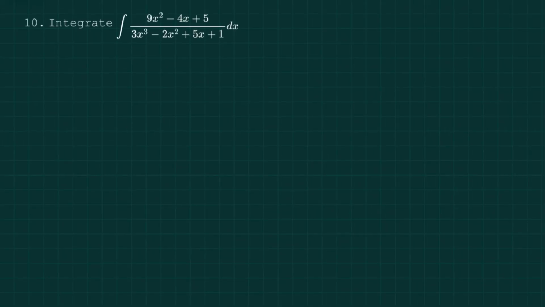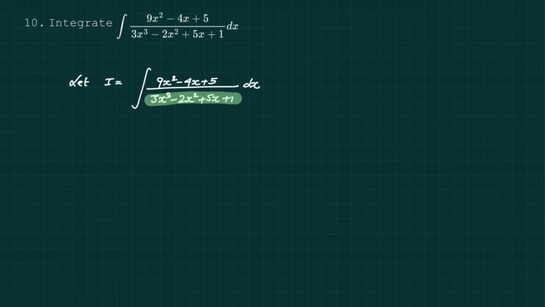Question 10. Integrate 9x square minus 4x plus 5 over 3x cube minus 2x square plus 5x plus 1. Now if you see the numerator and denominator, the numerator is the derivative of this denominator. So let I equals integration of 9x square minus 4x plus 5 over 3x cube minus 2x square plus 5x plus 1 dx.